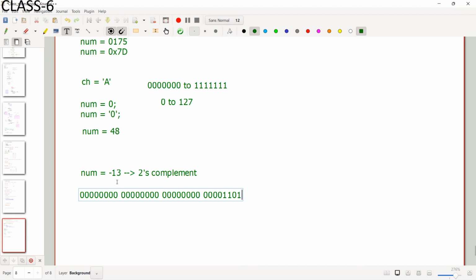First we consider 13, then we get to negative 13 and how it is stored inside the memory. So first we get the 1's complement: we take the complement of each and every bit. If a bit is 0, we represent it as 1, and if it is 1, we represent it with 0.